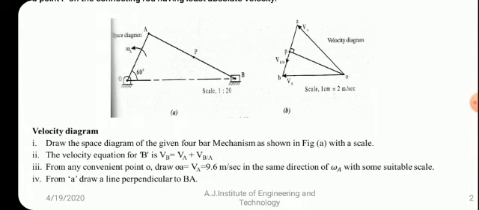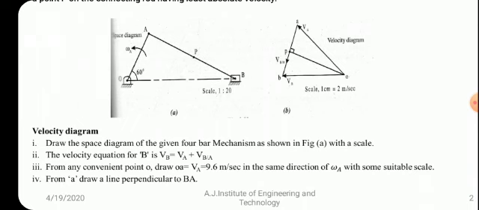Then from O, you draw a line which is the movement of the slider in the horizontal line, just draw a line parallel to OB. This is nothing but VB. Now we can calculate VA, VB and VAB. All these three components we will get.